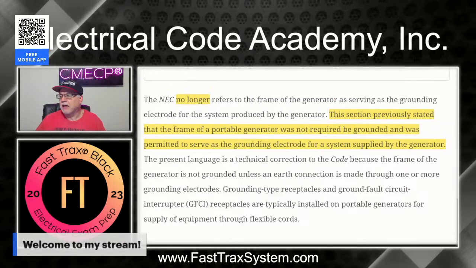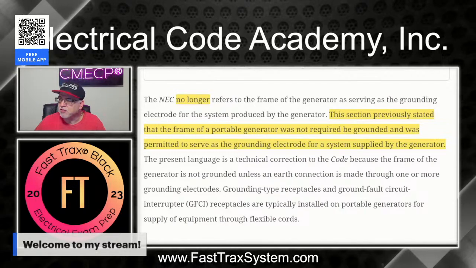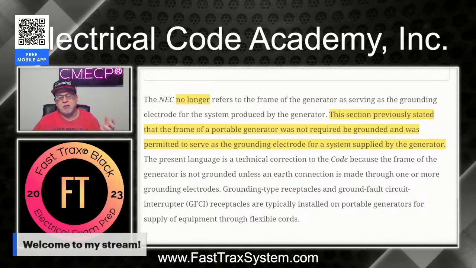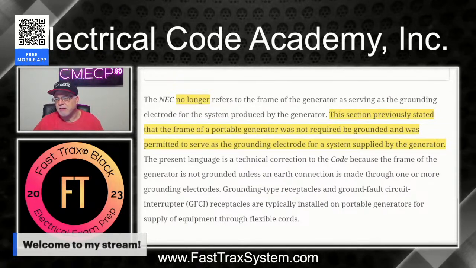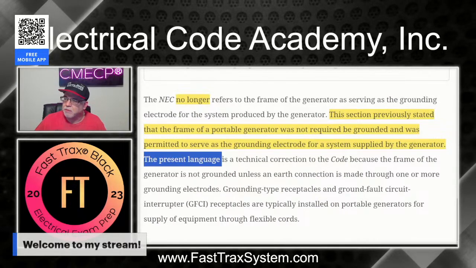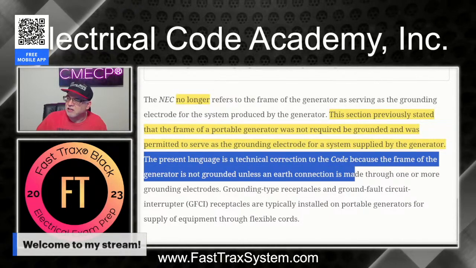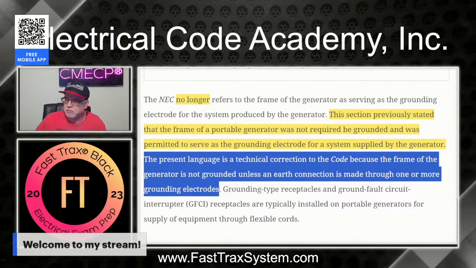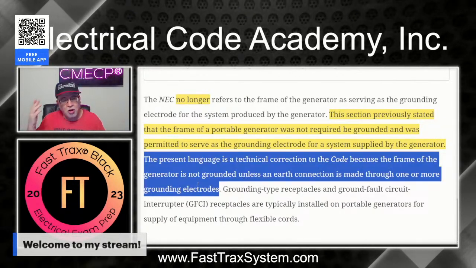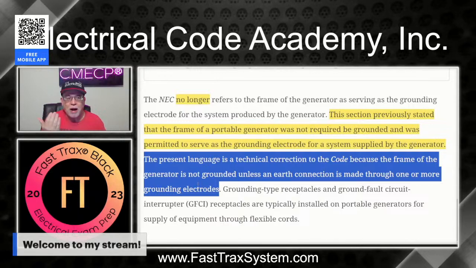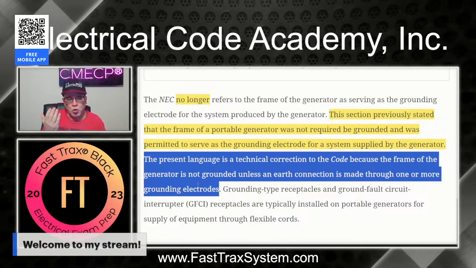Okay, so again, this is a statement that might have been used in the past, but it's been clarified. It says the present language is a technical correction to the code because the frame of a generator is not grounded unless an earth connection is made through one or more grounding electrodes. And we just saw that they're not required on specific portable generators that meet the conditions.